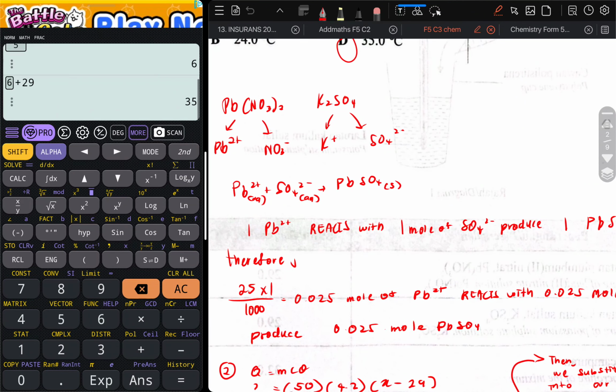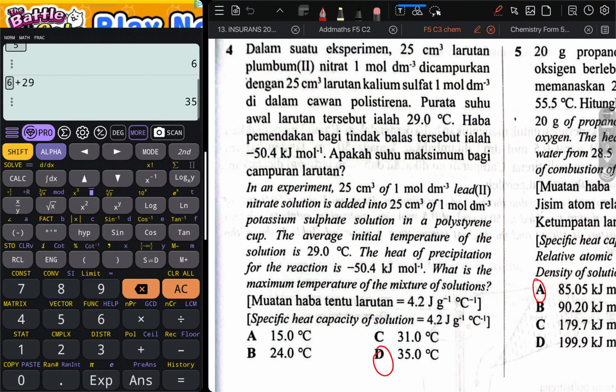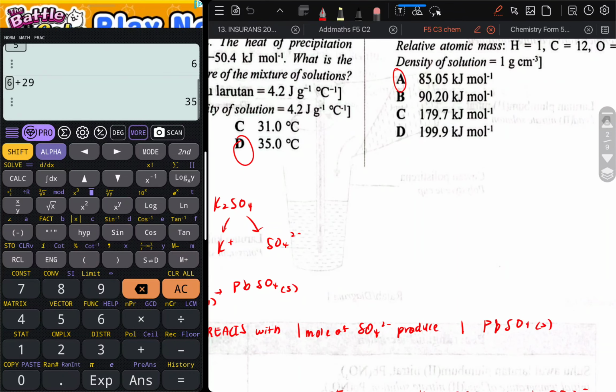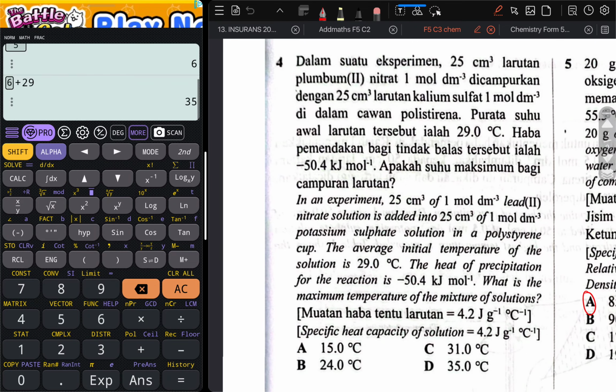Therefore, what I'm doing here is trying to find the moles of Pb2 plus based on the equation given, because we know that the number of moles of ions for Pb2 plus is the same as the number of moles for this element itself.